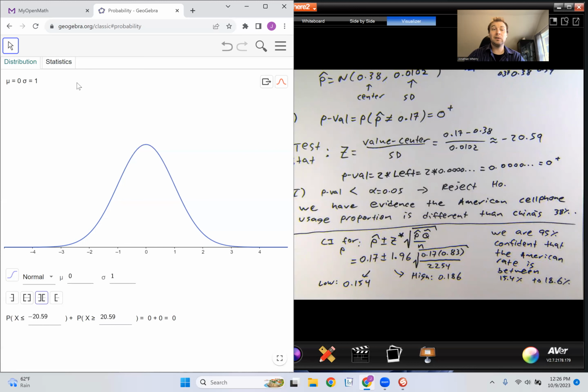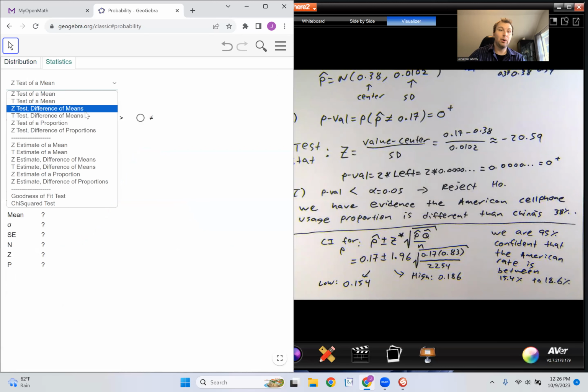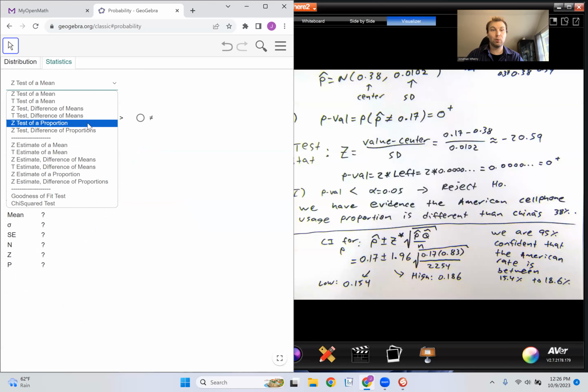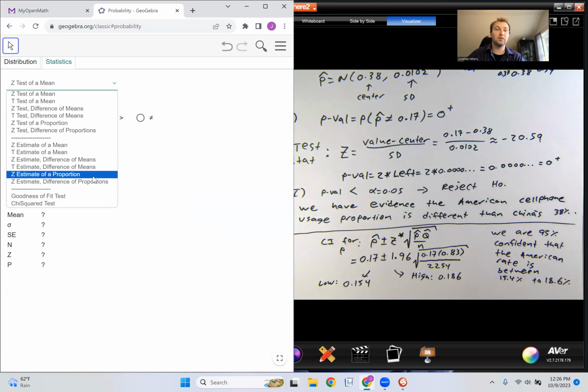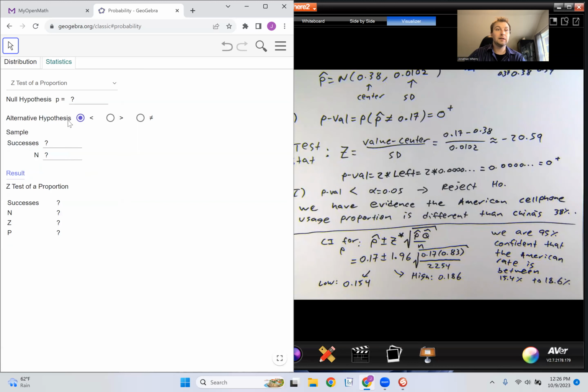Now, GeoGebra does something really nice in statistics for double-checking work. It has both a z-test for proportion. We use z-scores to analyze proportions here. And it has a z-estimate of a proportion. We're looking at a confidence interval or an estimate of a proportion down there. So for the test, we had a claim of 38%. And the number of successes, they didn't give me the number, it was just 17%. But that's 17% of that 2,254.